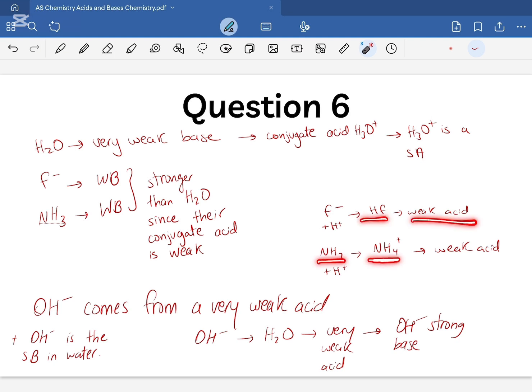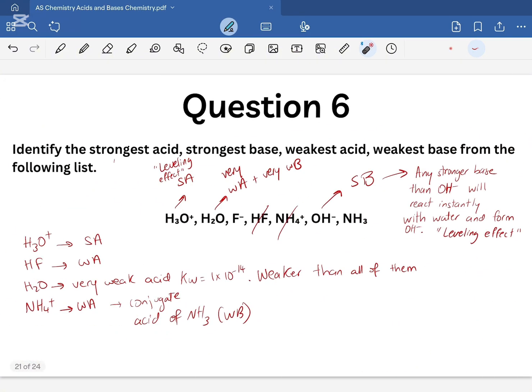NH3 comes from NH4+, which is also a weak acid. However, the conjugate acid of H2O is H3O+, which is a strong acid. And the stronger the conjugate acid, the weaker the base is going to be. So this is the weakest base. Therefore, H2O is going to be the weakest acid and the weakest base, and H3O+ is going to be the strongest acid, whereas OH- is going to be the strongest base.